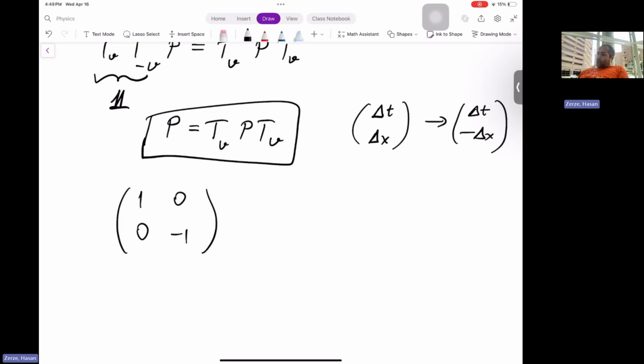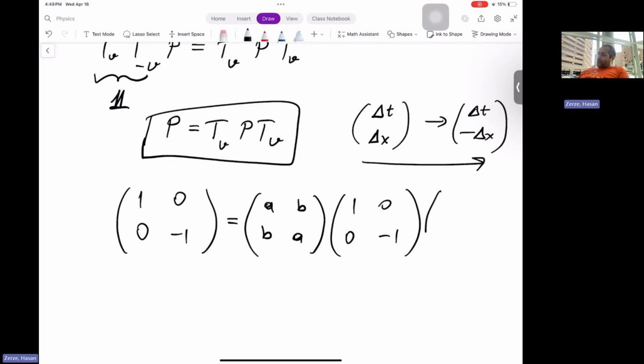Okay, so the matrix that will do this is nothing but this one. It's only changing the direction of the delta x. So this is P. And then this is equal to TV, which is A, B, B, A, and then the parity 1, 0, 0, minus 1, and then A, B, B, A.